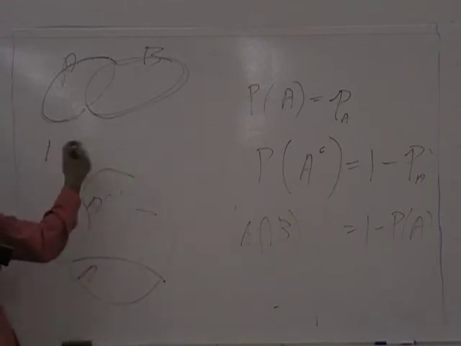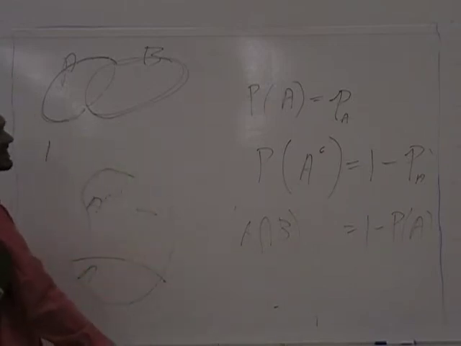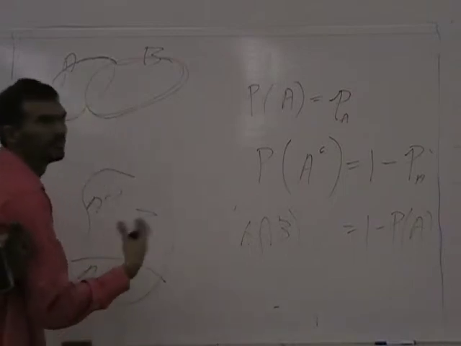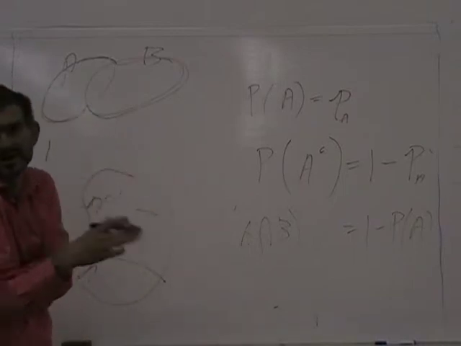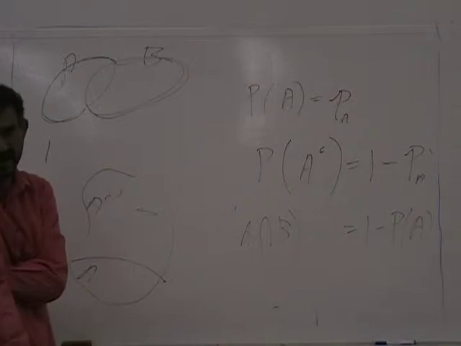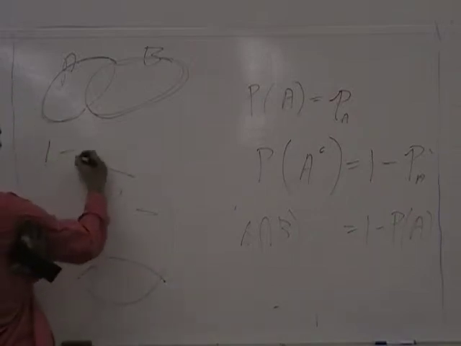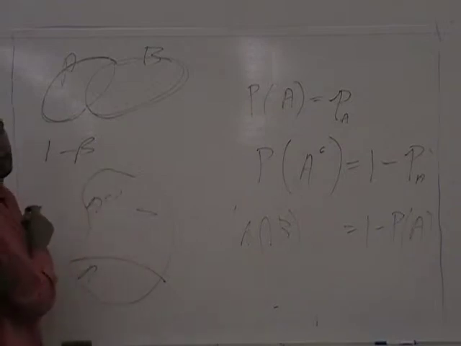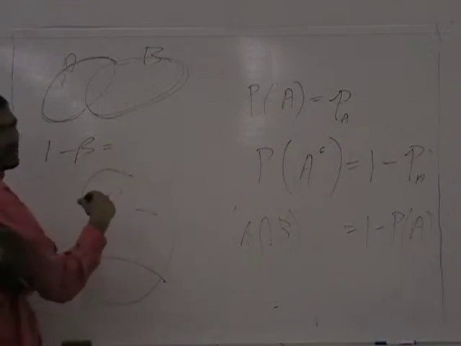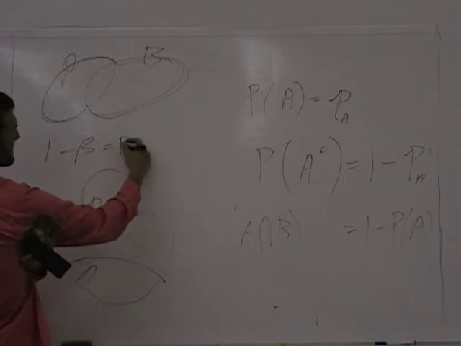You very often see various quantities in statistics represented as 1 minus beta. And this is what we talked about with the power.